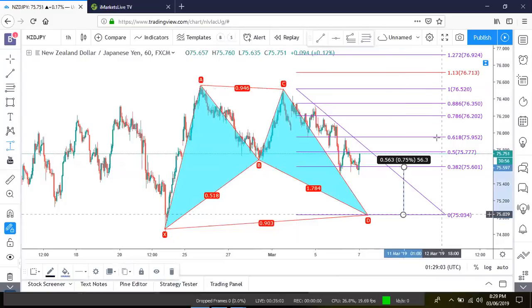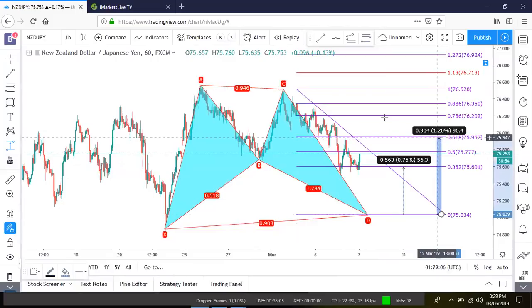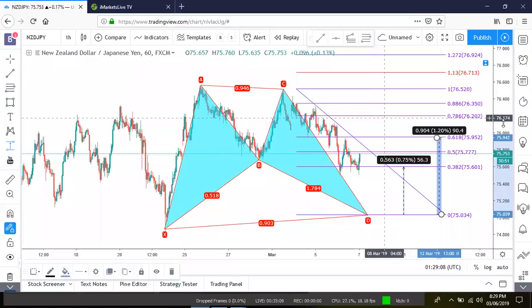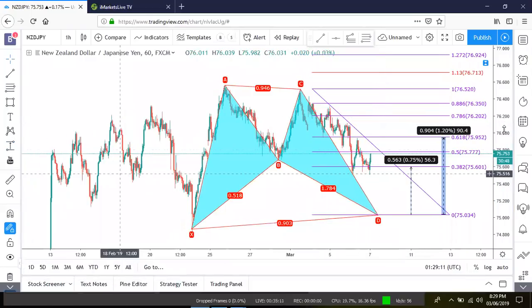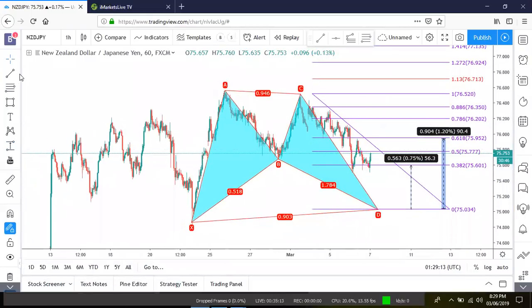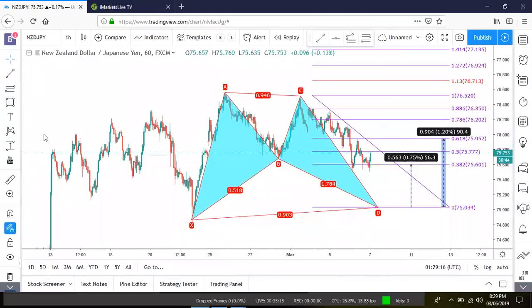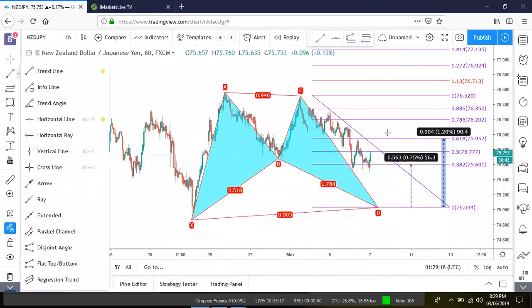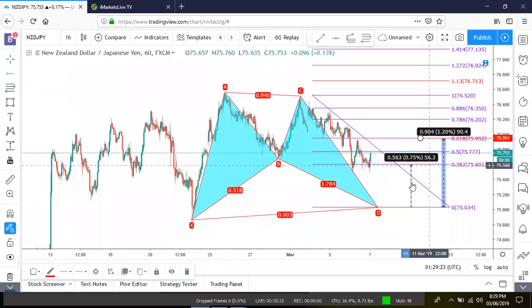And my target 2 will be about 90 pips at the 61.8 level. Those are my 2 targets, okay? So let me go ahead and put some trend lines right there so I can know target 1 and target 2.